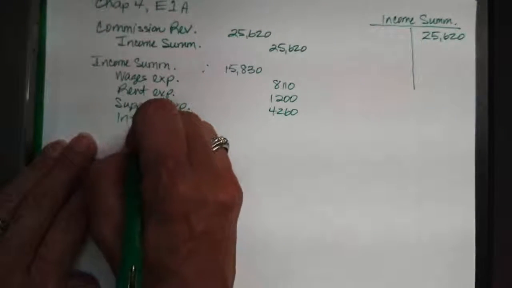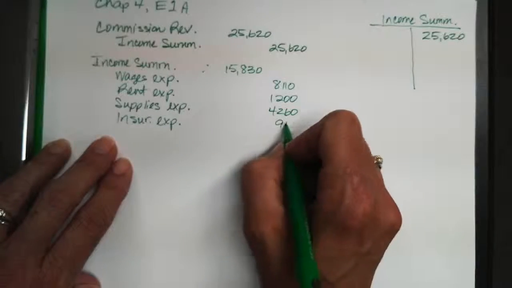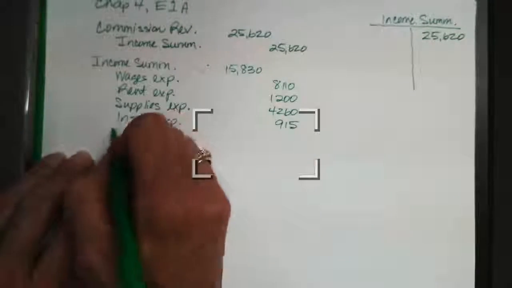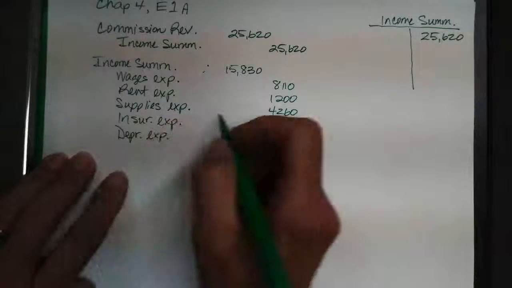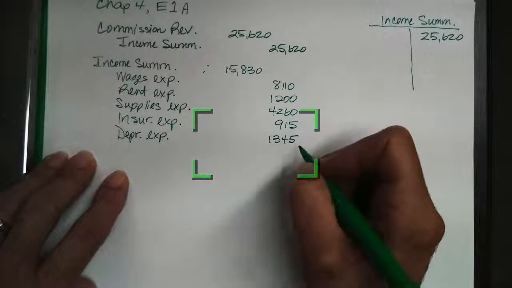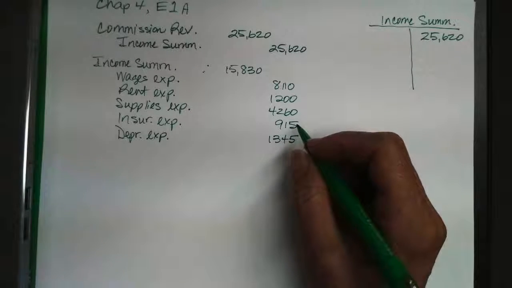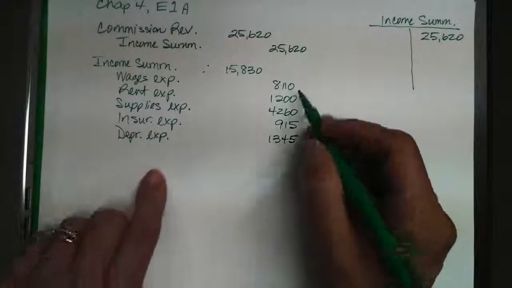Credit insurance expense. Credit depreciation expense. Okay, that should be it. 1, 2, 3, 4, 5. 1, 2, 3, 4, 5.